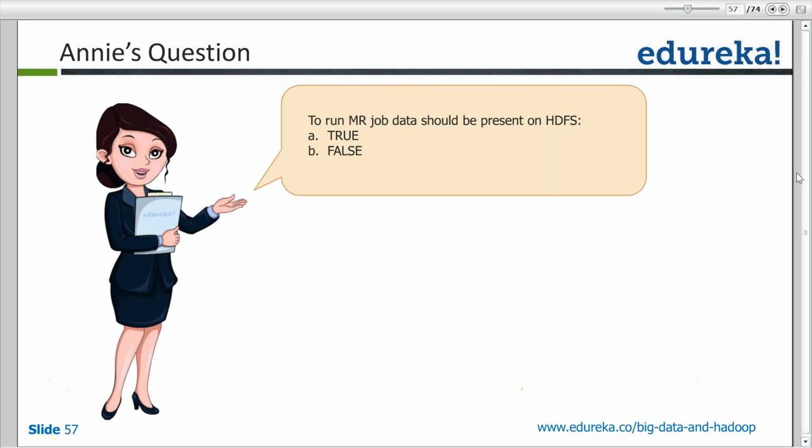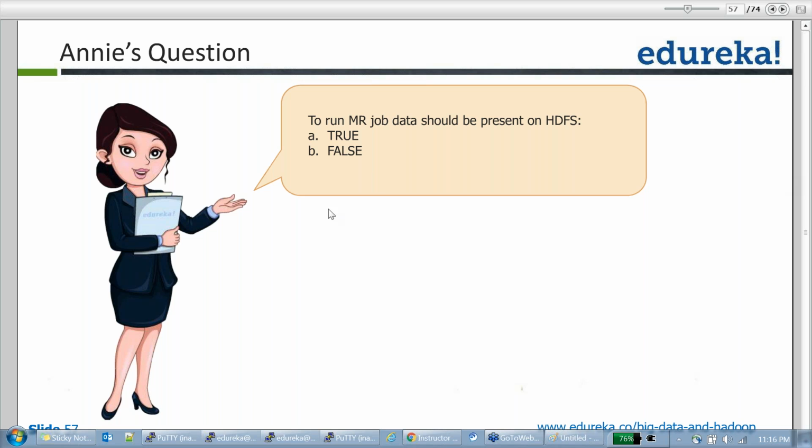I can actually trigger my MapReduce job on data which is not on HDFS. It can be on any compatible file system of Hadoop. It can be local, it can be S3, it can be HFTP, HSFTP, anything.